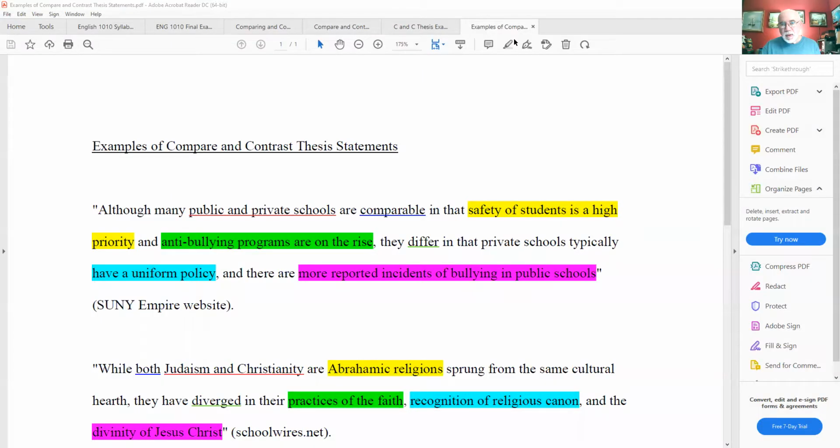What else do I want to talk to you about? So the final exam is a compare and contrast essay. I just want to make that clear in case you missed class, for whatever reason. It is a compare and contrast essay. Let me bring up my Adobe Acrobat here.